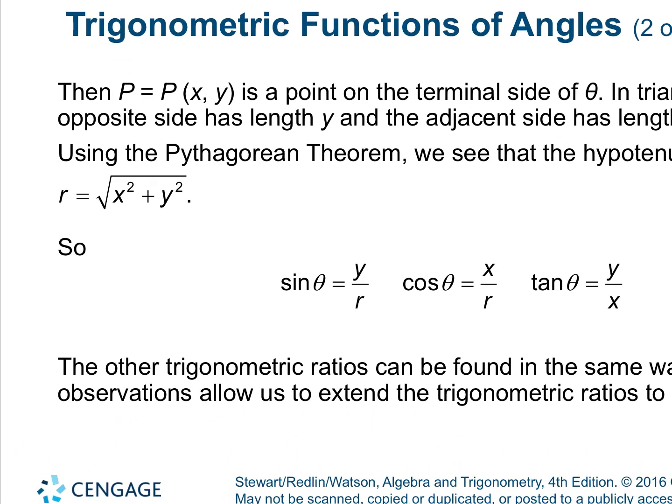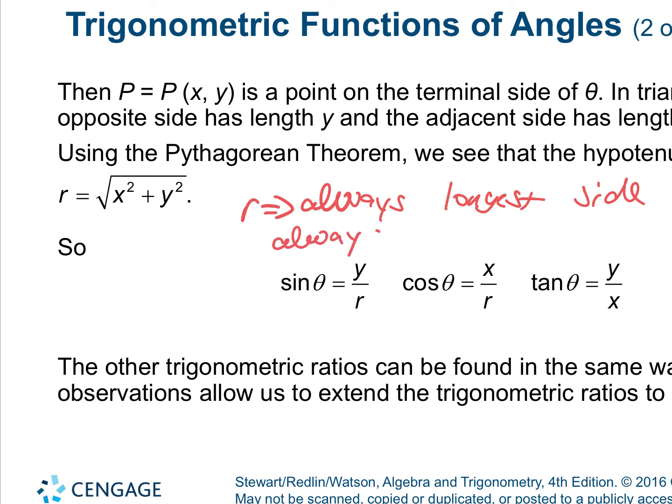Write this down: r is always the longest side, and it's always positive. And you'll see why that's a big thing in a second. So when you're given something, you need to identify the x, the y, and the r first, and then we can find all of the trig functions.